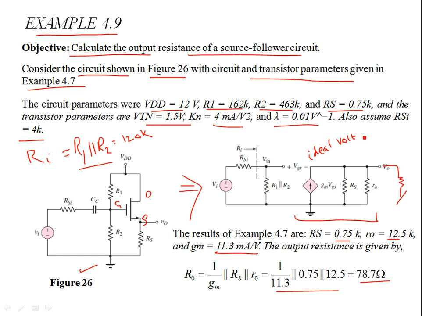Well, first of all, its input resistance is large. Since it's a source follower circuit, it follows whatever voltage or AC source is available at the gate.